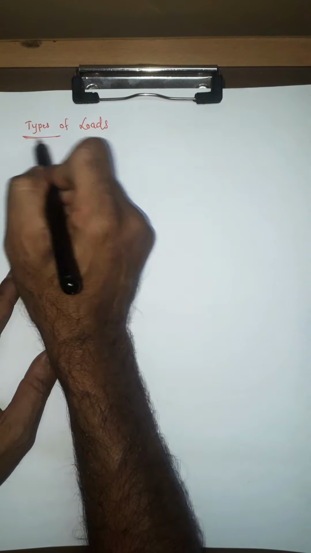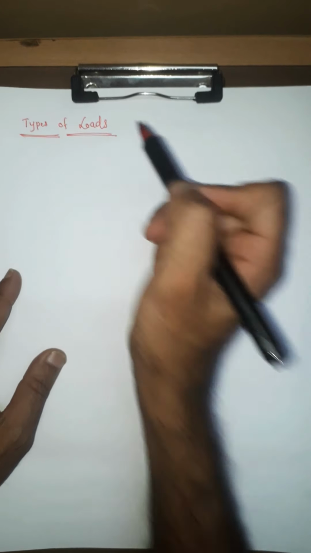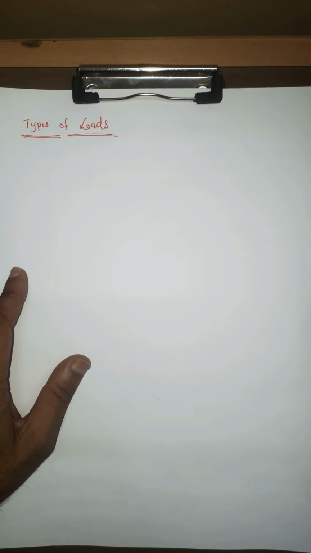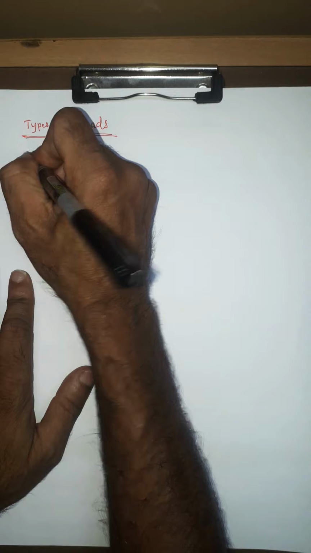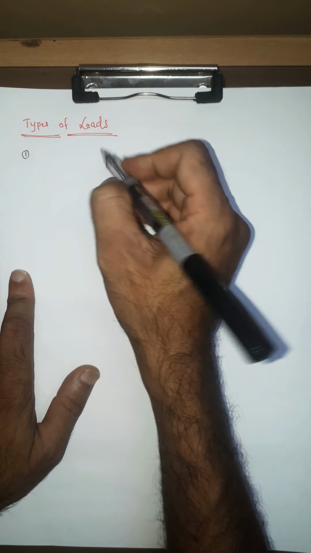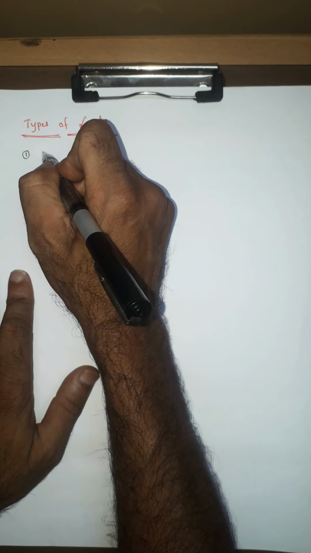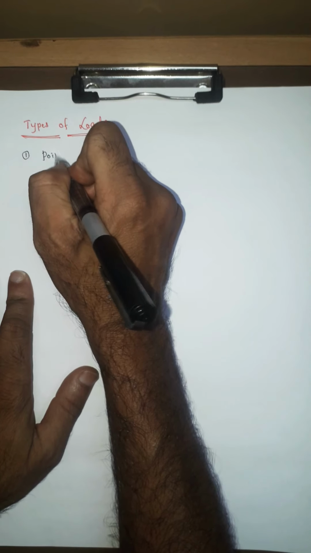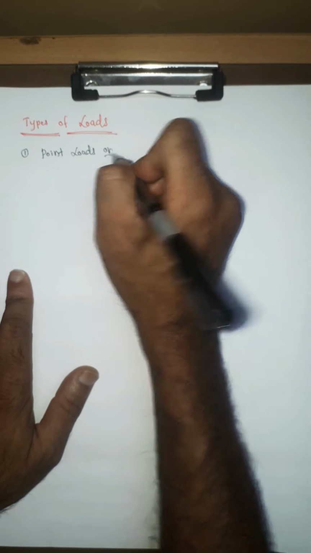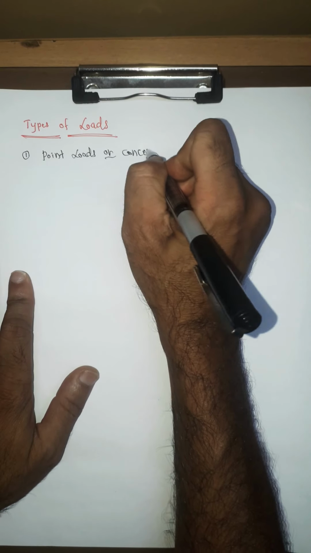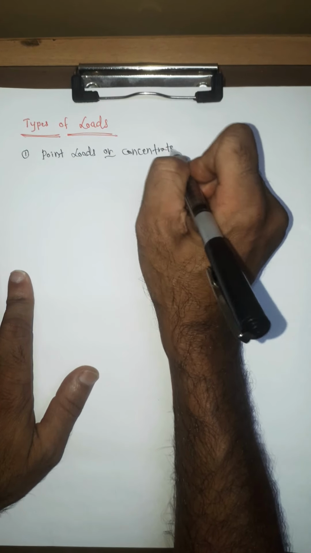Okay, the next important thing in this chapter is you should know what are the different types of loads acting on the structure or element. So basically we have loads like this. One is point loads or concentrated loads.